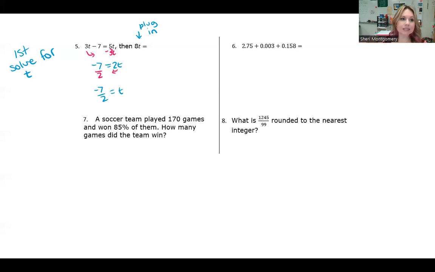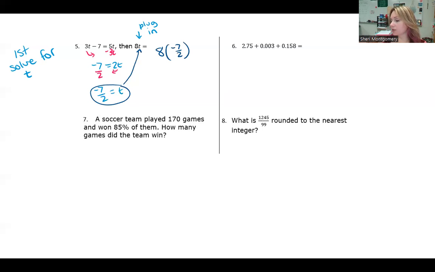So we're going to take that stuff and we're going to come over here and we're going to plug it in now. So 8 times -7 over 2. Every single time you do these, usually the first time when you solve for t or whatever it is, you get a fraction and you think, oh, I did something wrong. Or you pick that fraction as the answer.